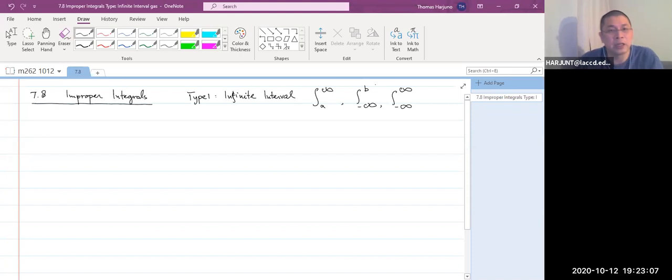Let me do type 2. Type 2 is the one involving infinity, a discontinuous integral.